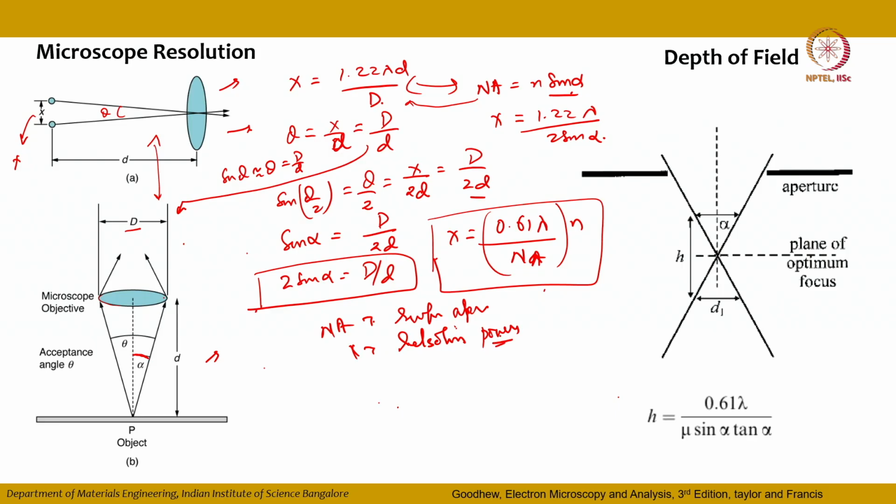Okay, so it means that the larger the NA, the smaller x will be. So it means that the resolving power will be higher. Here lambda is the wavelength, and n, or mu, is the refractive index.